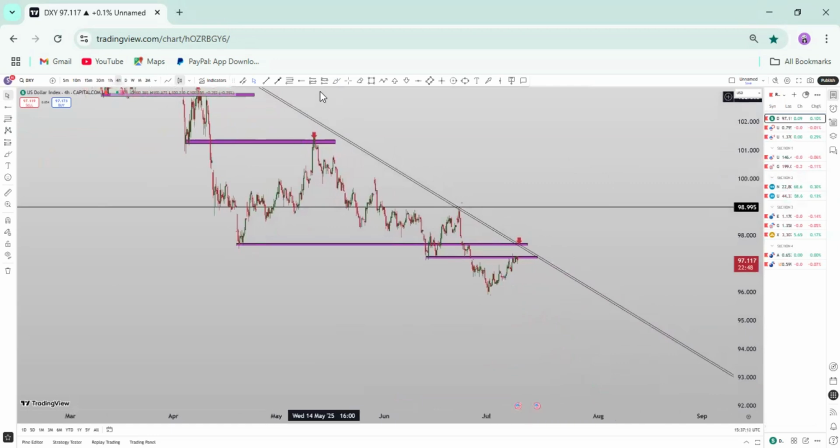on the 4-hour time frame. One thing I have realized, you can see we have a support area around here, and also we have a support area around here. So this is the main support area, and this is the minor support area. As you can see very clearly, the market broke both support areas, and currently the market is retesting around the minor support area.